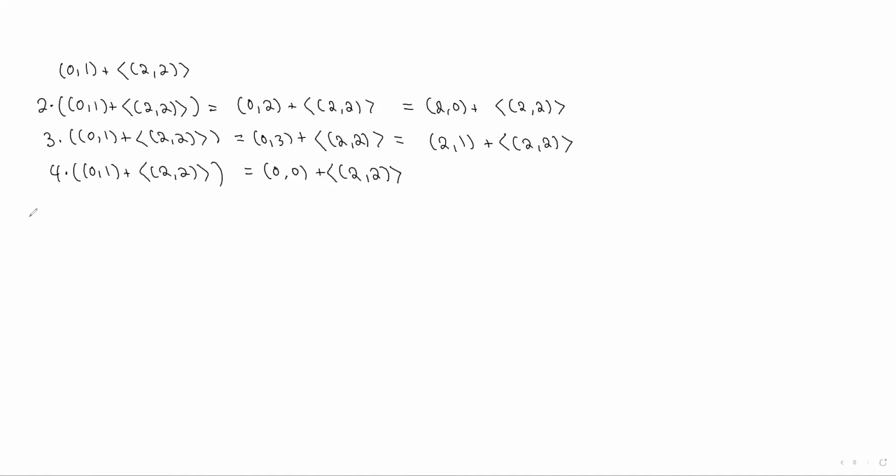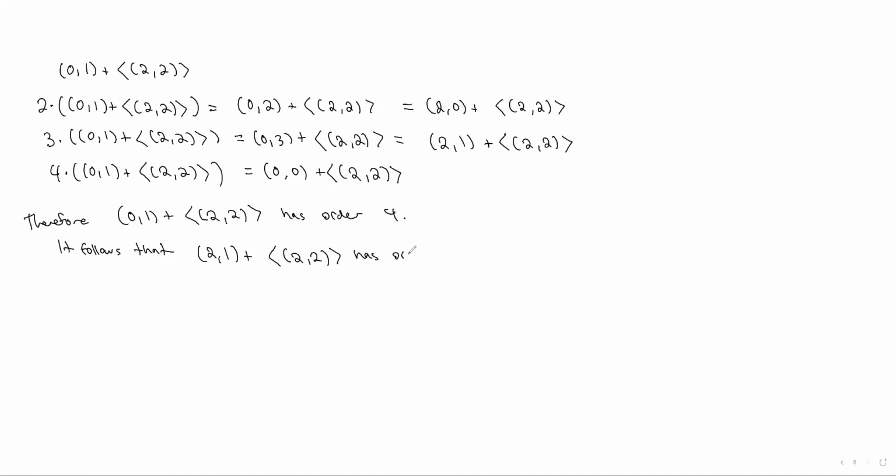So therefore, (0,1) + <(2,2)> has order 4. And it follows that (2,1) + <(2,2)> has order 4 over GCD(3,4), which is 4. Okay, so that covers (0,1) and (2,1).